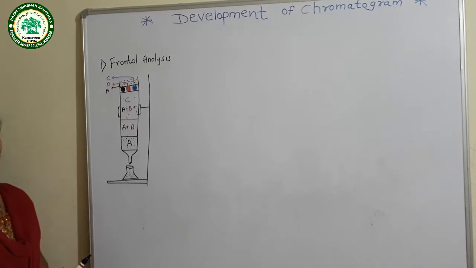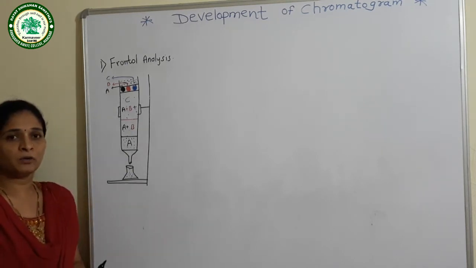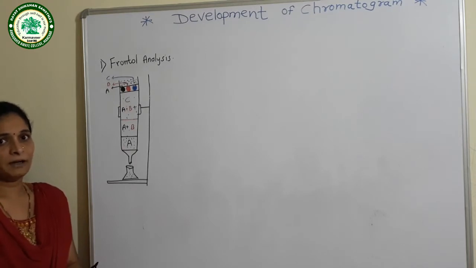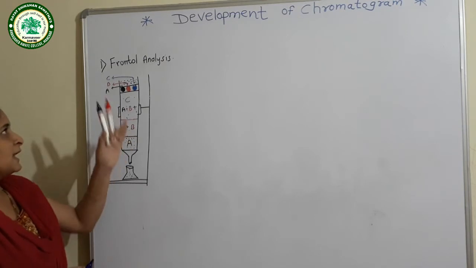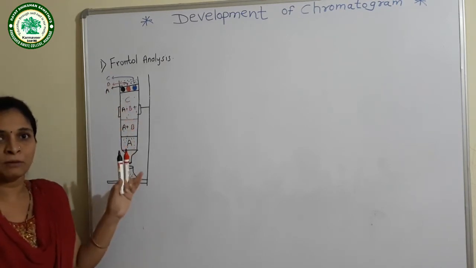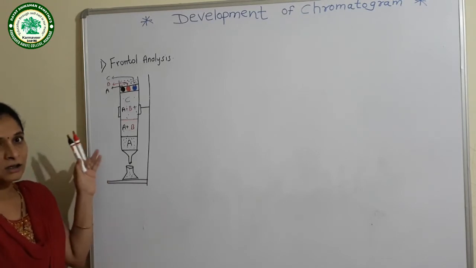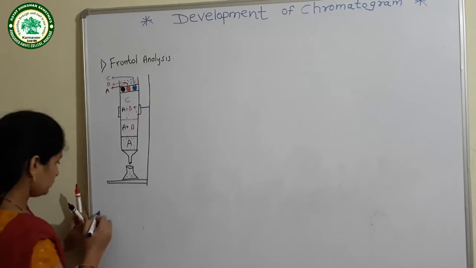When a mixture contains an impurity which is loosely bonded to the stationary phase, it can be separated from the mixture. This frontal analysis can be used for removal of the impurity if that impurity forms a loose bond with the stationary phase. Now we can explain it from the graph.